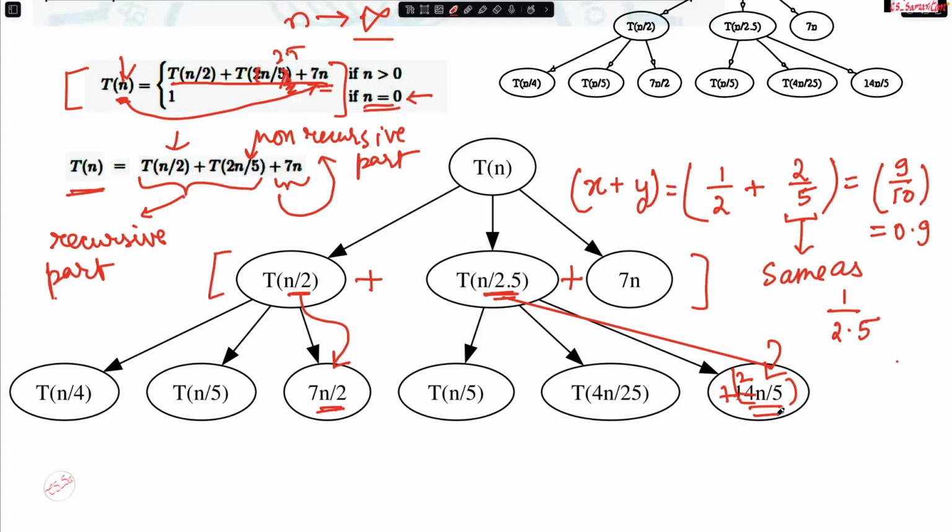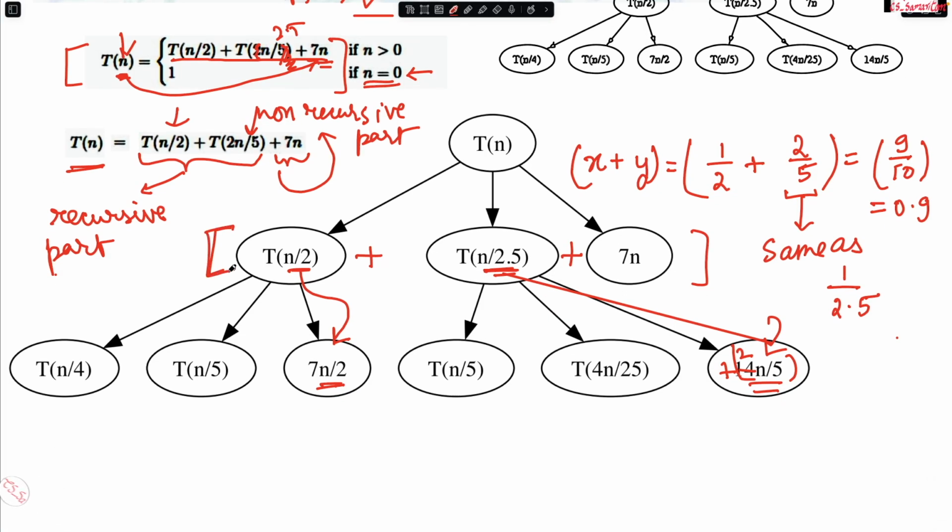So what I'm trying to say is, if you were to take this level, if I were to add up these two terms and then multiply it with 7, that is going to give you the non-recursive part of the next level, because the addition of these two is going to be the addition of these two. Suppose this is the term, this is the term. I add this together.